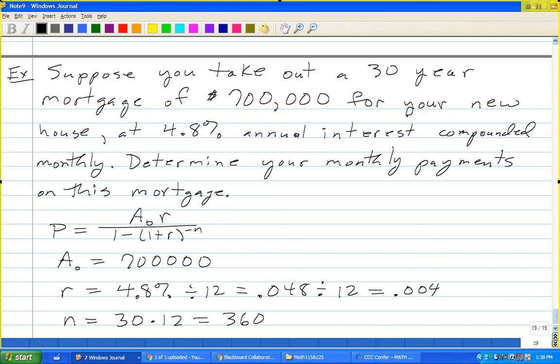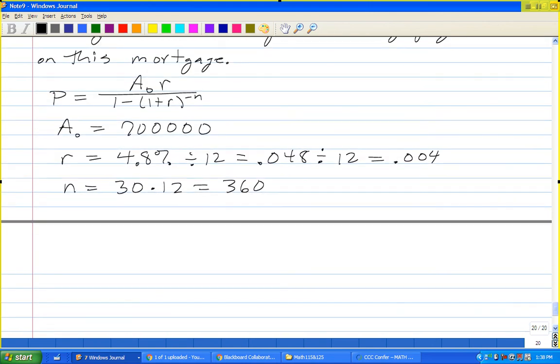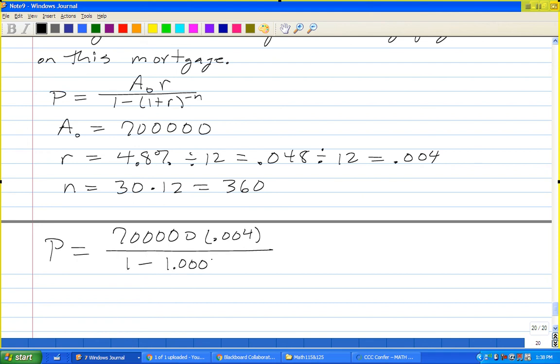So P is equal to A0, 700,000, times R, 0.004, over 1 minus (1 plus R), 1.004, to the negative N, 360.